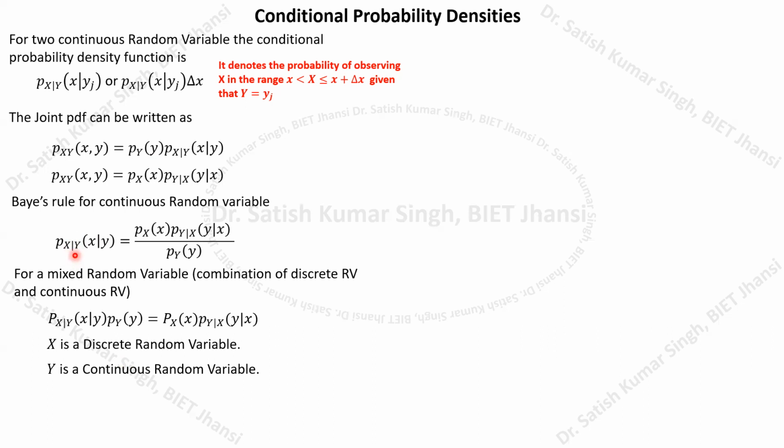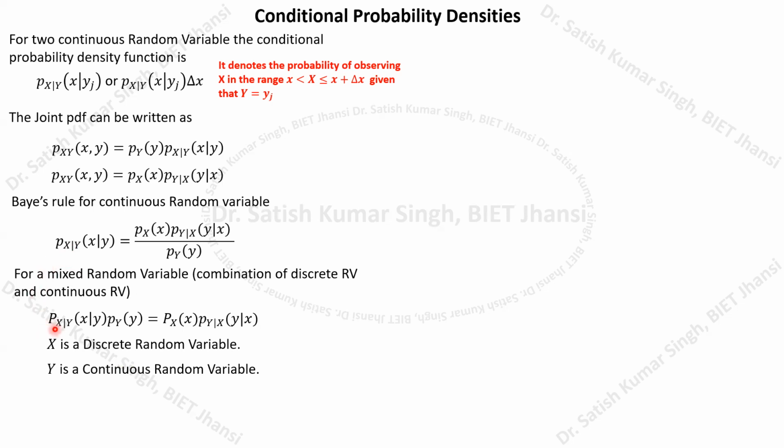Because x is a discrete random variable, this probability density function will be converted into the probability.